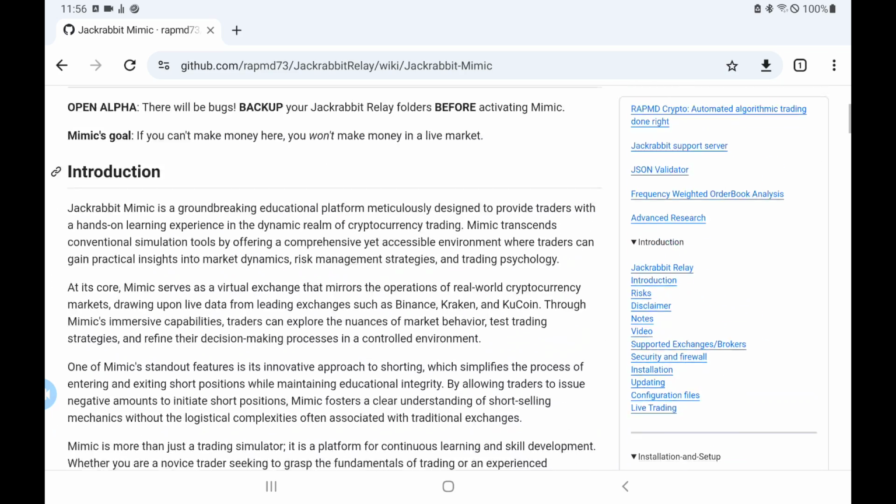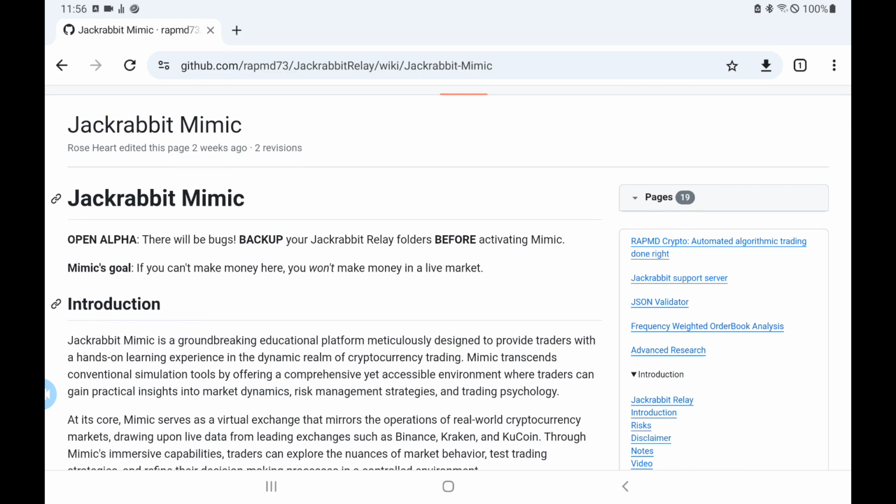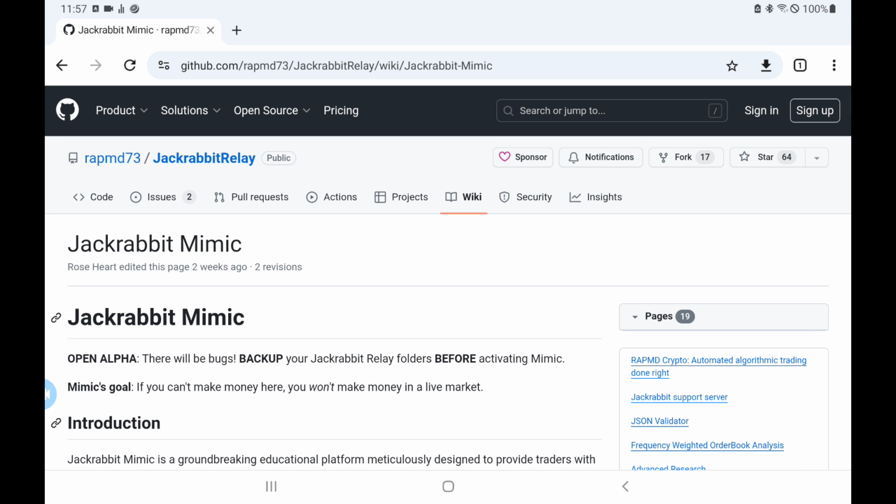So, visit the website, read it, back up your content, and then practice with a legitimate trading paradigm designed to mimic the market. So let's get into the VPS and actually make this thing happen.